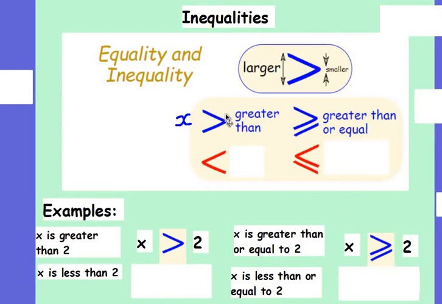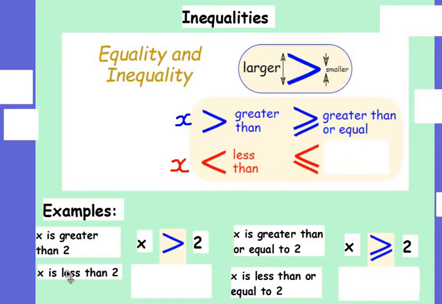The other type of inequality symbol we came across was the red ones. The first one means less than. So if I have x on the smaller side of this one, it means any value that x can take will be less than the number on the other side.